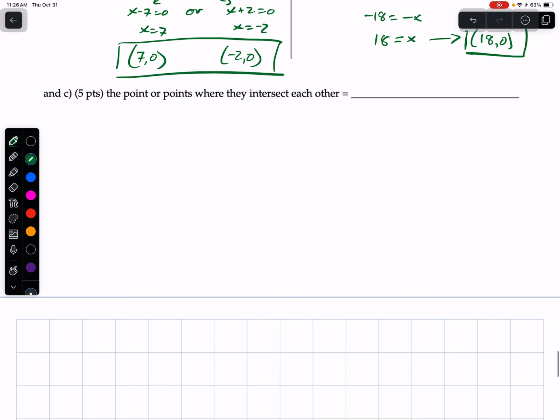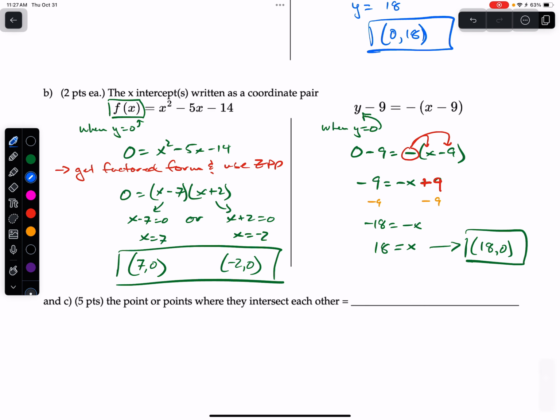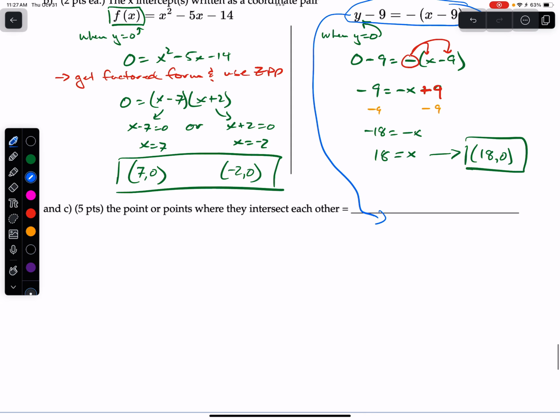Okay, the points where they intersect each other. First off, I don't like that written that way. So I'm going to rewrite this in y equals mx plus b form. So I'll get y equals minus x minus 9 plus 9.